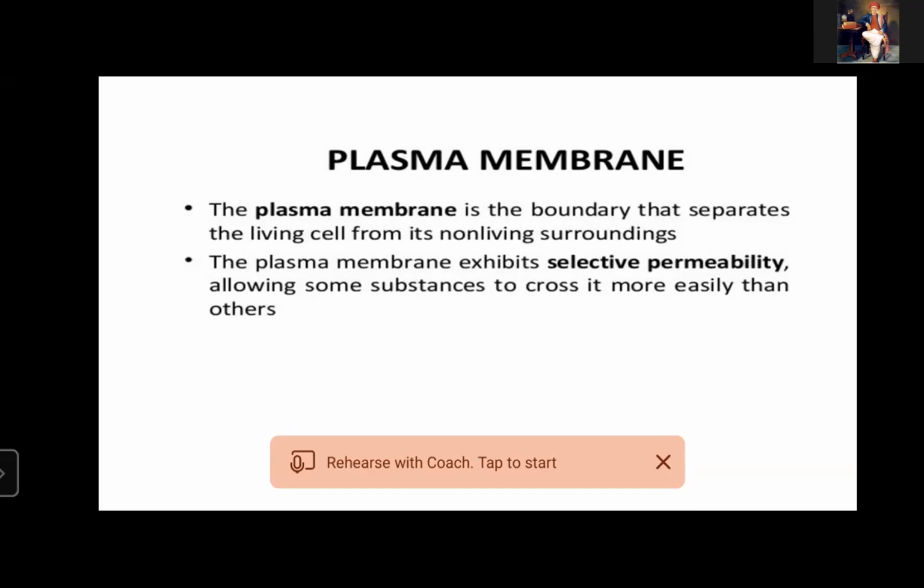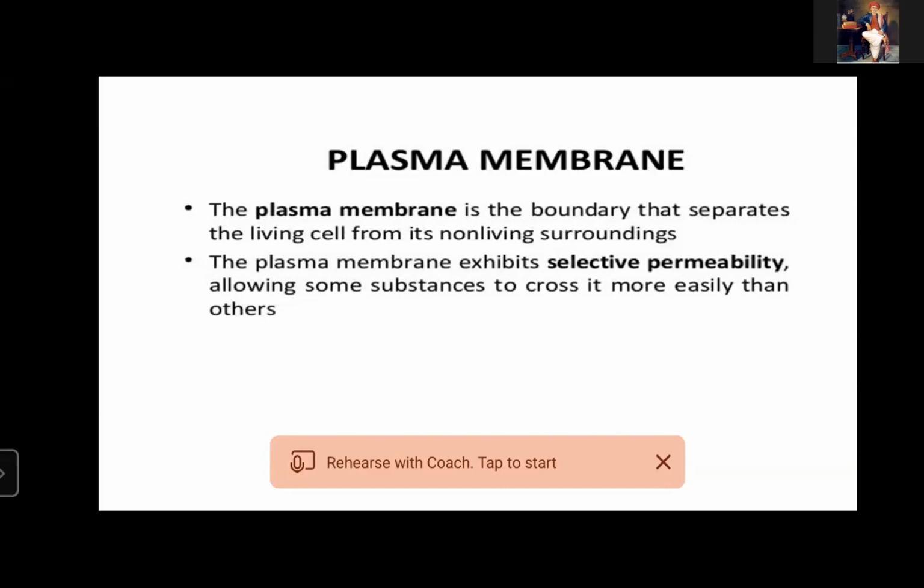You know that the cell is the basic structural and functional unit of all living organisms. And we already know about the cell membrane. What is the cell membrane or plasma membrane? Cell membrane is also called plasma membrane.